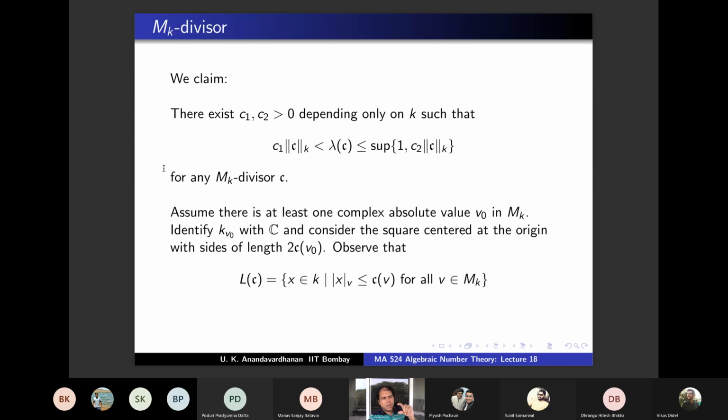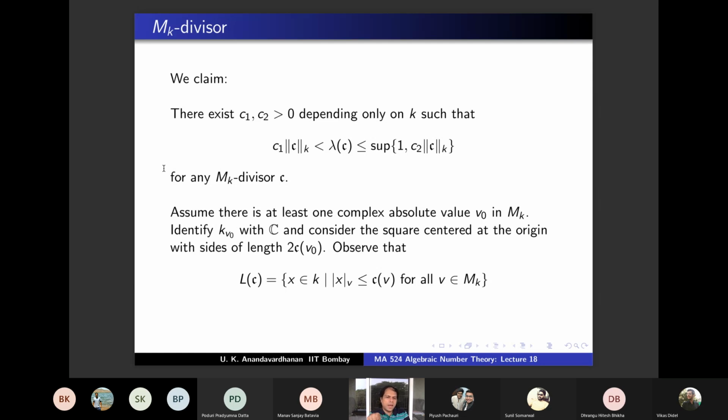That means above the origin in the positive direction it has length c_v0, and down again c_v0. So any point inside this square, its complex absolute value will be less than or equal to c_v0, right?